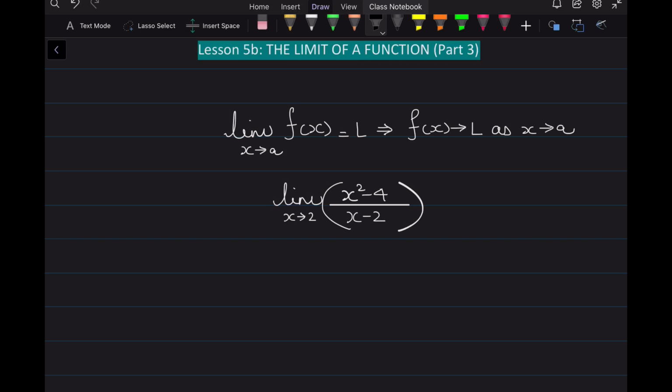So in order to study the behavior of this function, we will take a few values of x as x approaches 2 from the left side as well as from the right side, and we'll calculate the corresponding values of this function to guess the limit of this function as x approaches 2. So let's see how.